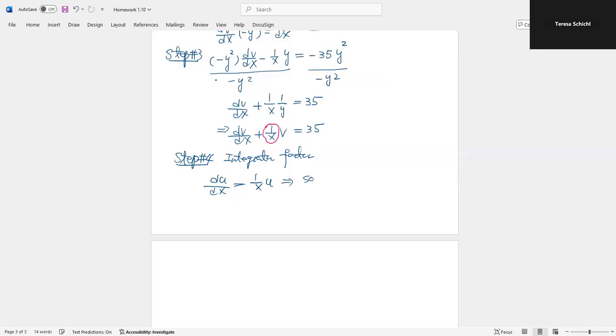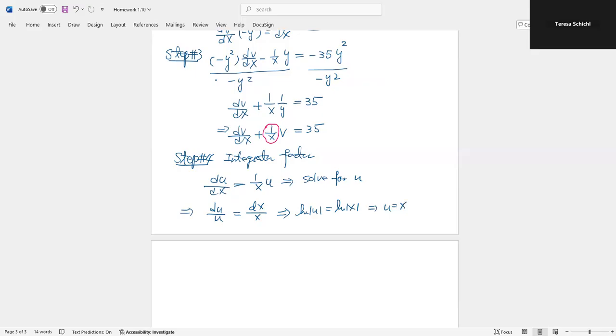Now I want to solve for u. We can separate: du over u is equal to dx over x. When you integrate both sides, I get natural log of u equal to natural log of x. So I will say u equals x.